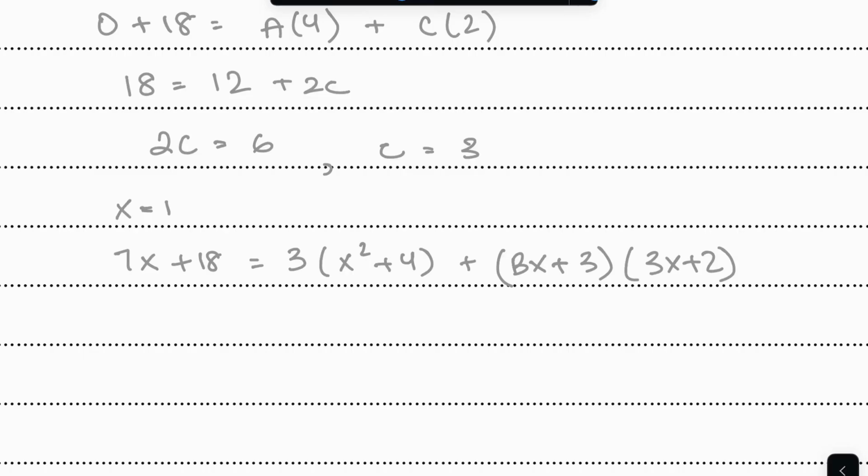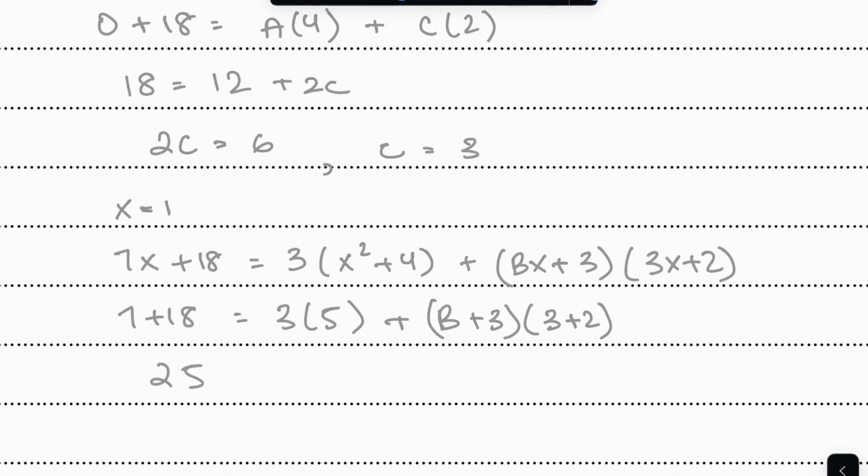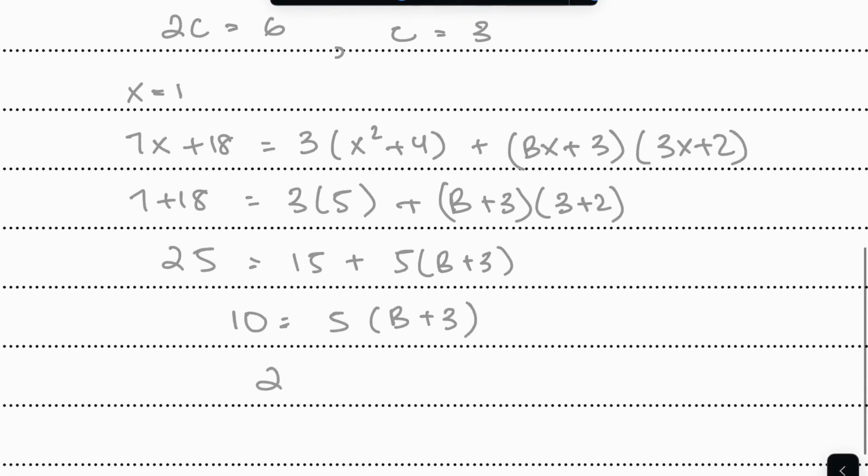Taking x as 1, we will have 7 plus 18 is equal to 3 times 5 plus b plus 3 times 3 plus 2. So now we have 25 is equal to 15 plus b plus 3 times 5, so 5b plus 3. We'll get 10 is equal to 5b plus 3, and 2 is equal to b plus 3, and so b is equal to minus 1.